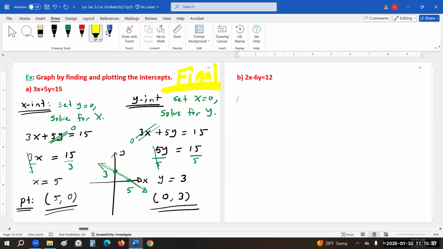Okay, you do the next one by yourself. Find everything. X-intercept, y-intercept, and then graph it. You don't have to work alone, talk to your neighbor. I'll give you 2 minutes.